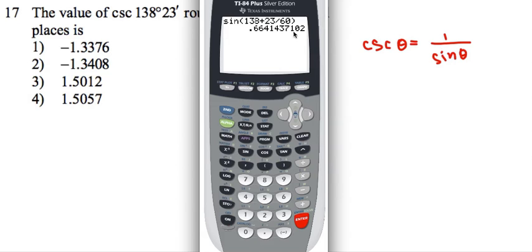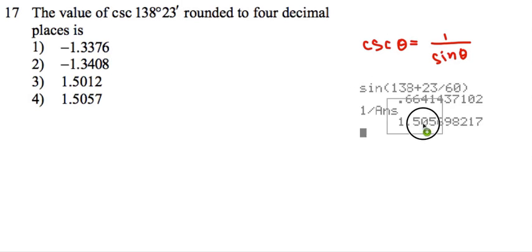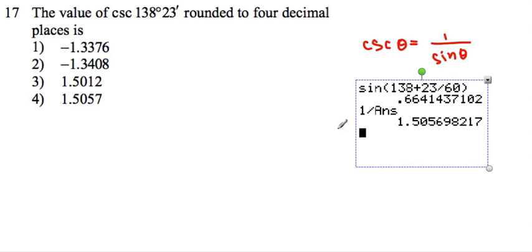And that's basically what we end up getting. And we just have to get the reciprocal of that. So 1 divided by the answer, with the negative sign. Then that's basically our final answer, which is choice 4.